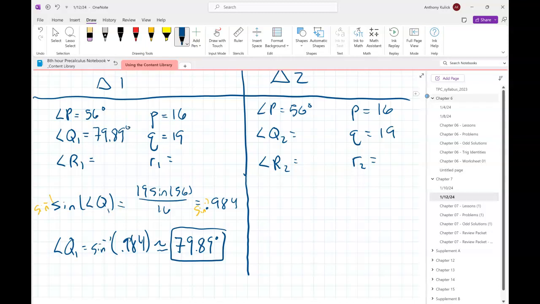Is everybody okay so far? I'm now going to switch to triangle 2. Because now that I found my first angle in triangle 1, the corresponding angle in triangle 2 will always be the supplement of that angle from triangle 1. So what I'm saying then is angle Q2 is going to be 180 minus angle Q1.